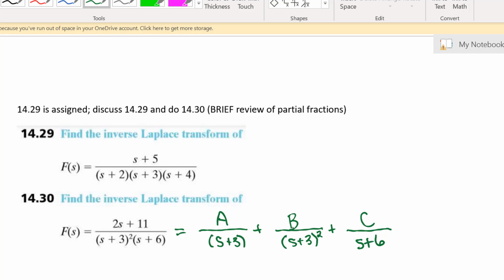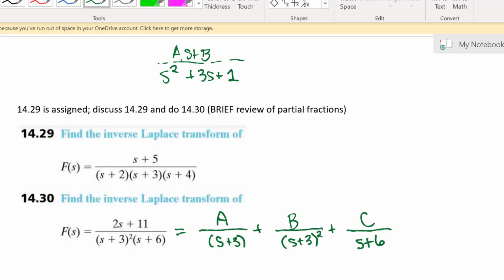You don't need like a bs plus c. The only time your numerator needs an s in it is if the denominator has a factor that's quadratic that can't be factored anymore. So like if you had s squared plus 3s plus 1, you can't factor that. So if this was one of the factors in the denominator, then you'd need an as plus b.